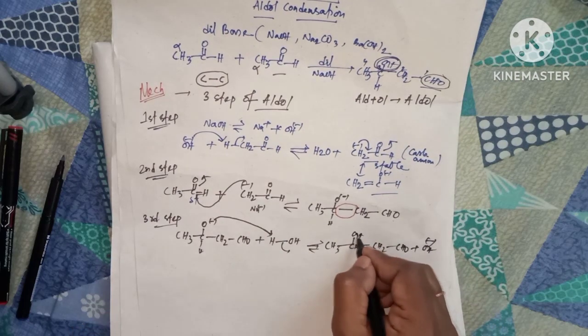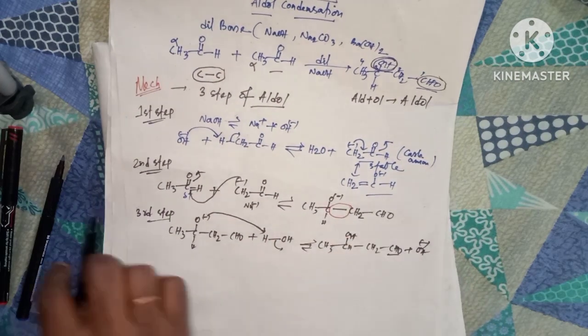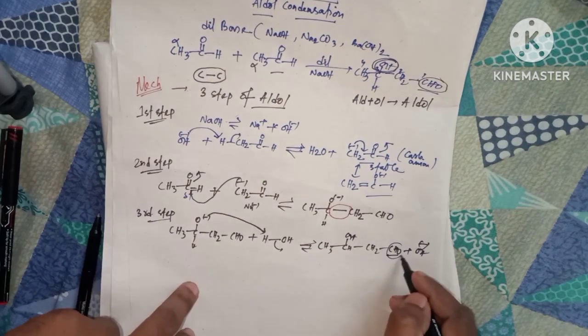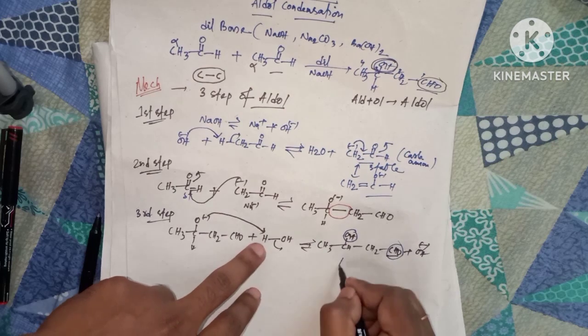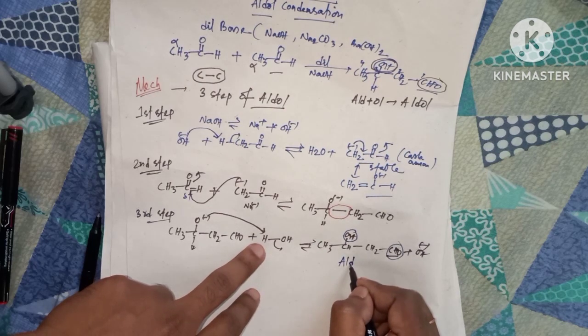And we know that this is an aldehyde and alcohol. There is an aldehyde and alcohol present. So that's why we call this an aldol reaction.